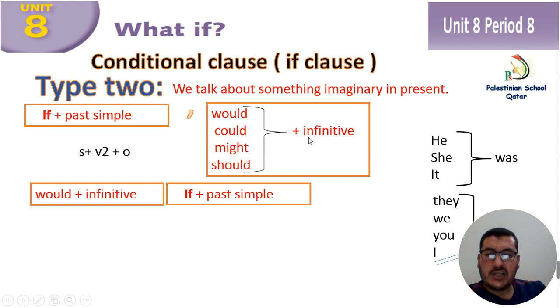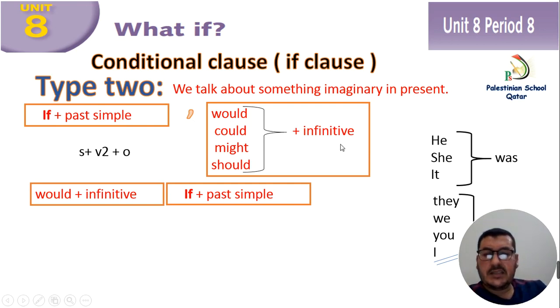And I can change would and put could, might, should, must, or had to instead. So the rule is, in the first part I have if plus past simple, the second part I have would plus infinitive. All of them should be followed by infinitive.